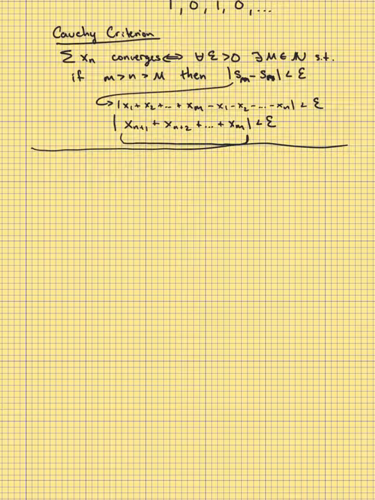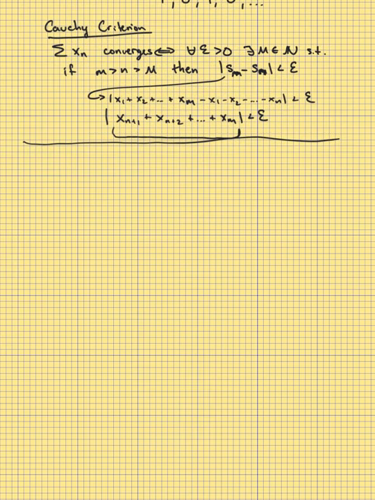Okay, but this is a useful way, again, to show a series converges if the terms are not all positive. Right? If the terms are all positive, then we've seen the best tool is the monotone convergence theorem.